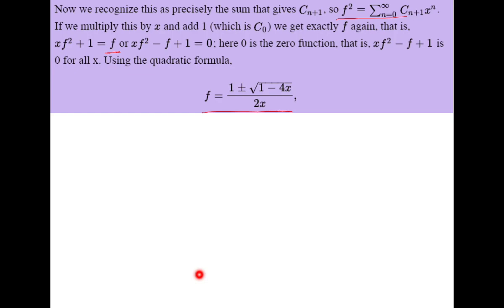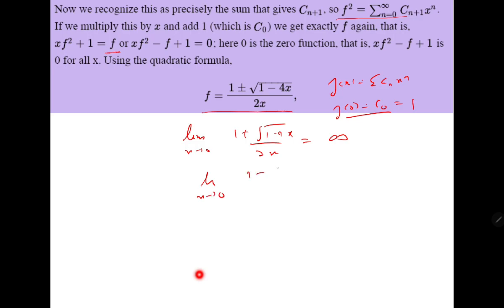If I take the plus sign, what I know is that my f of x is summation cn x raised to the power n. It means f of 0 is c naught, which is equal to 1. So if I take the limit x tends to 0 of 1 plus root 1 minus 4x by 2x, the numerator is 1, the denominator is 0, it goes to infinity.